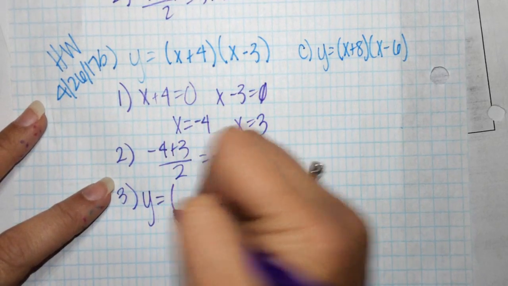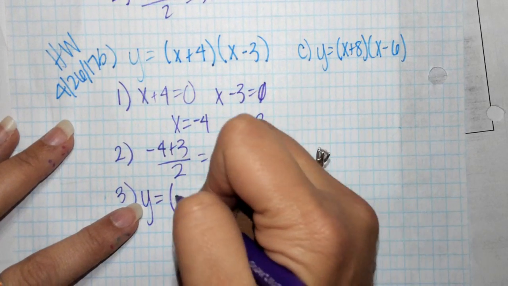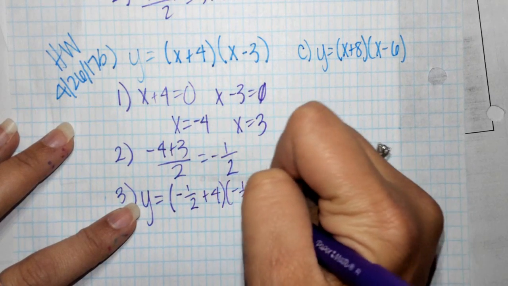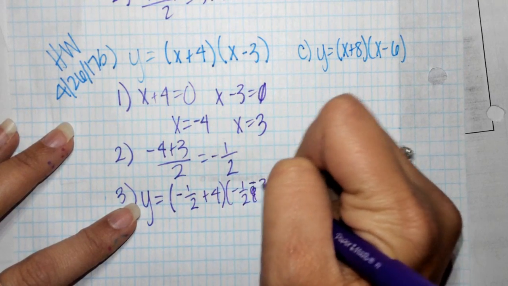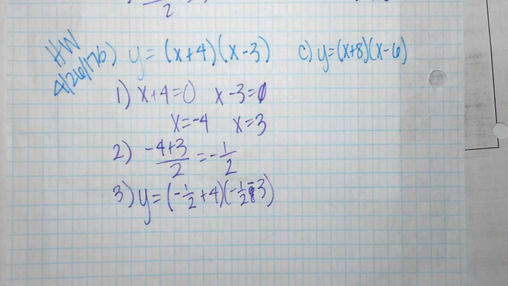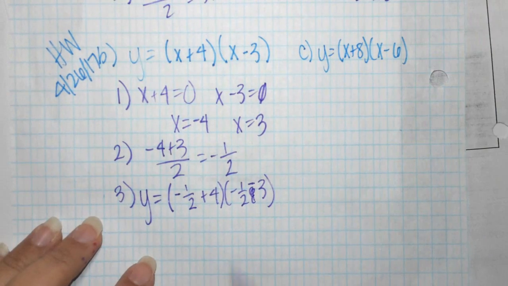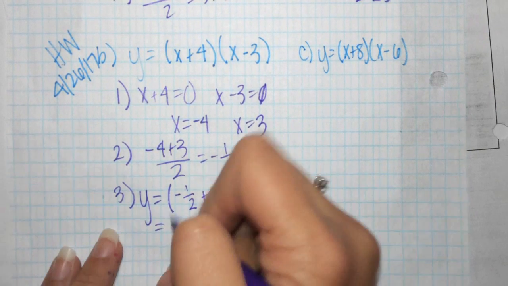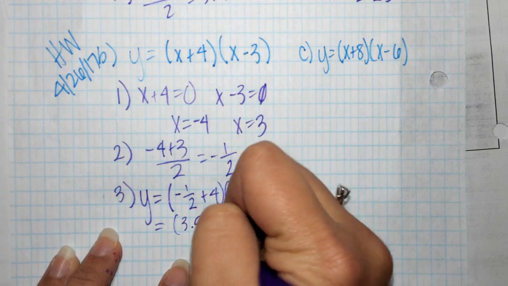Alright, so then you plug in negative 1/2 here, plus 4, times negative 1/2, minus 3. So negative 1/2 plus 4 is 3.5.